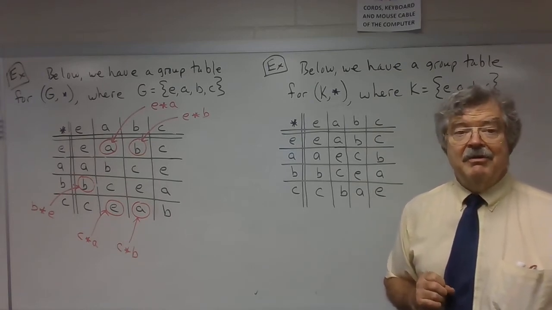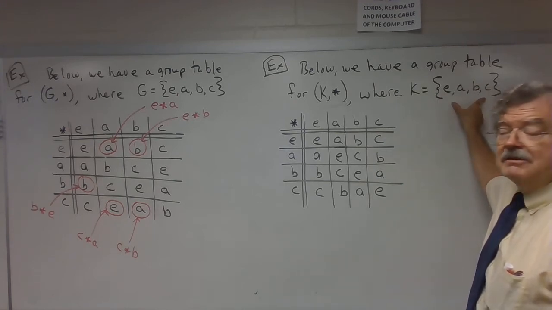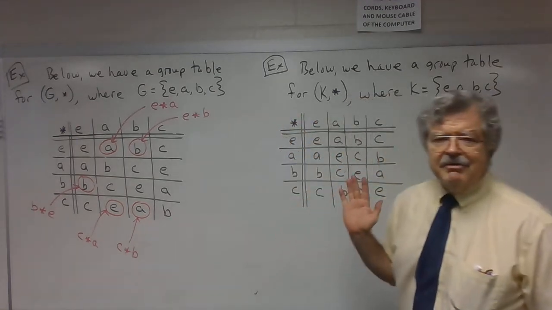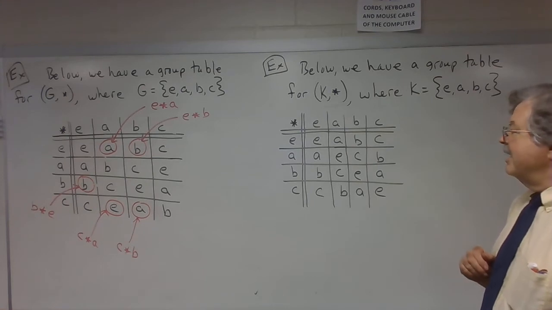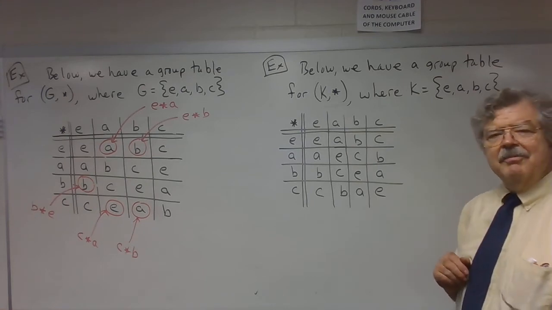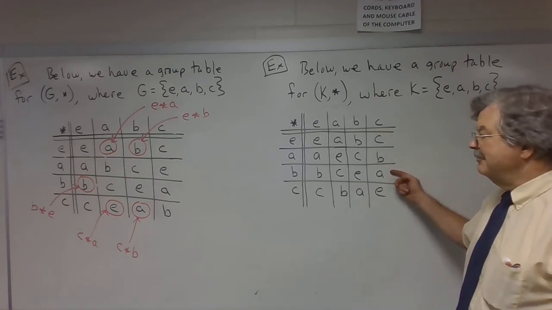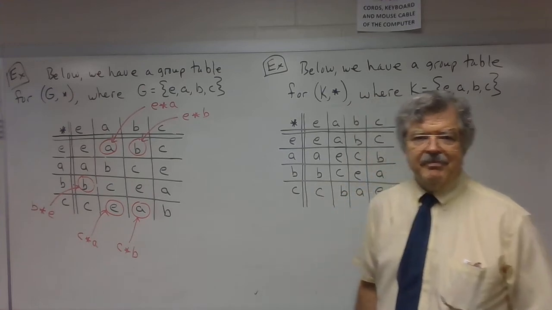So we'll talk about group K. And oddly enough, K is the same set as G, but it's a different group. And there's something structurally different about this group compared to this group.